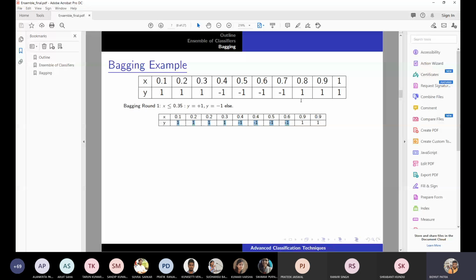Then it will be half. So what is the value of epsilon? How many points are wrongly identified? 2 points, right? Okay, I made a mistake. Sorry.